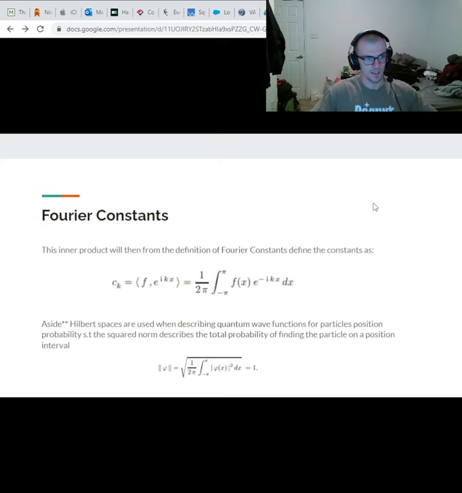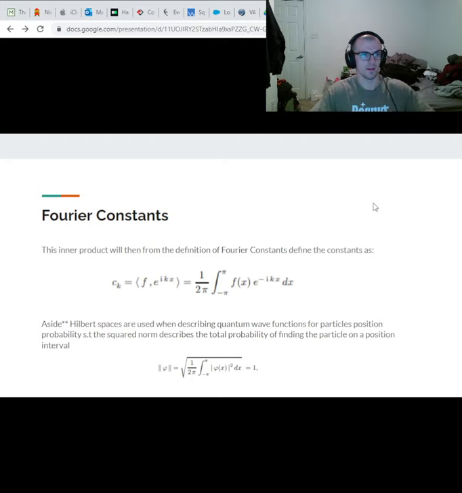But the inner product, by definition of Fourier constants, is c sub k equals the inner product of f and e to the ikx. If you want to see why this is, you take the definition of the Fourier series, saying that f equals the summation of c sub k times e to the ikx.